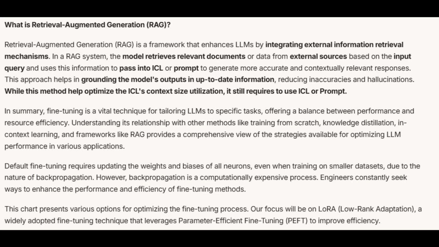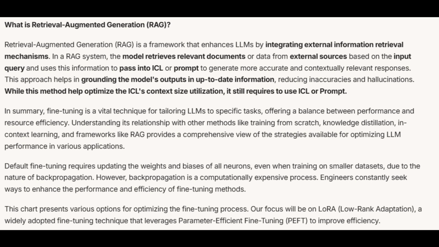As we learned that in-context window sizes are limited, a technique named RAG is utilized to optimize the usage of in-context learning. Retrieval Augmented Generation, RAG, is a framework that enhances LLMs by integrating external information retrieval mechanisms.